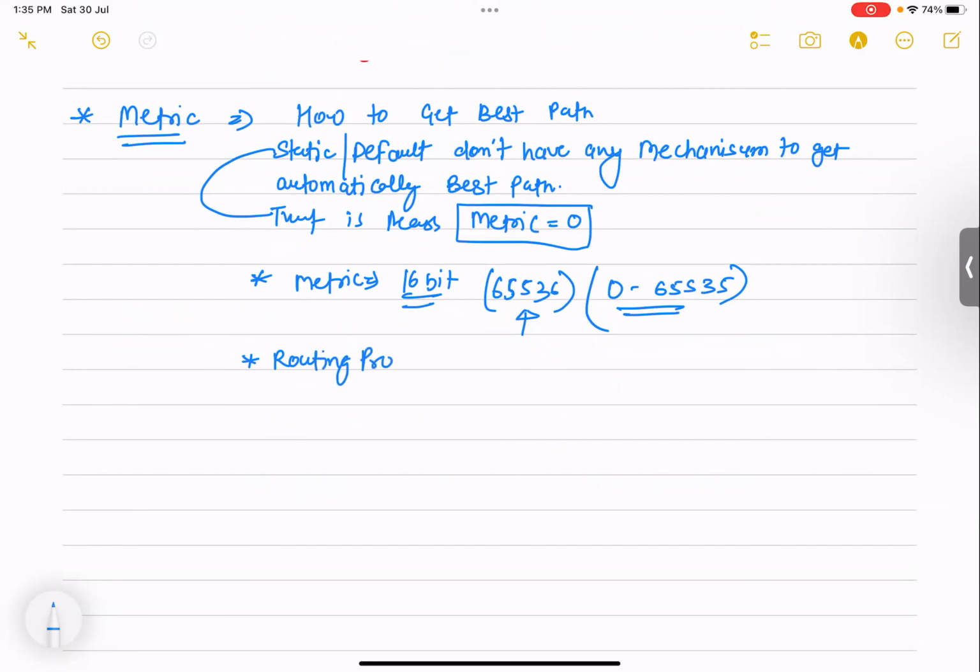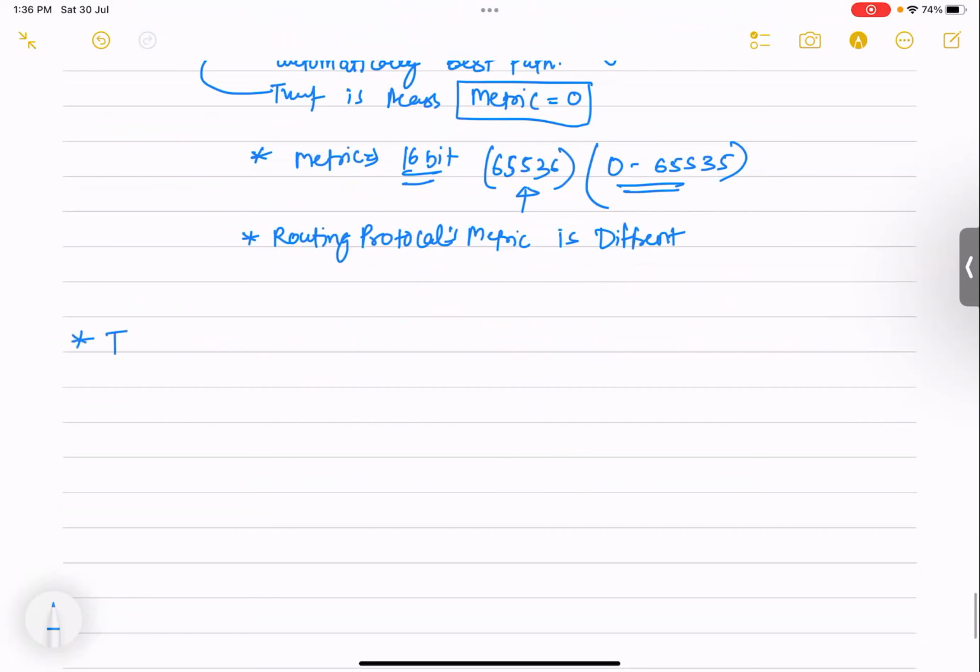For routing protocols, the metric is different. Now the third concept: timers. We are getting two types of timer.